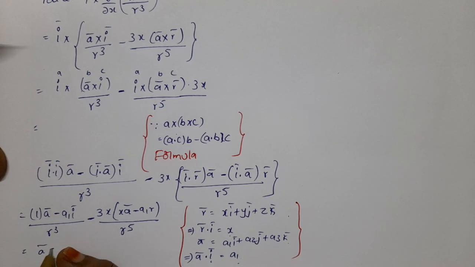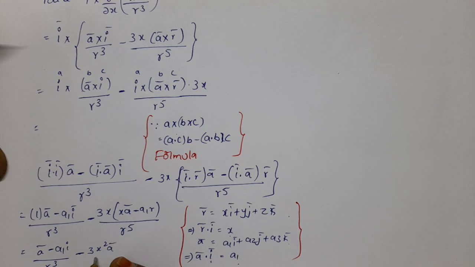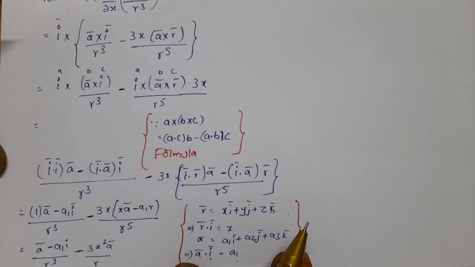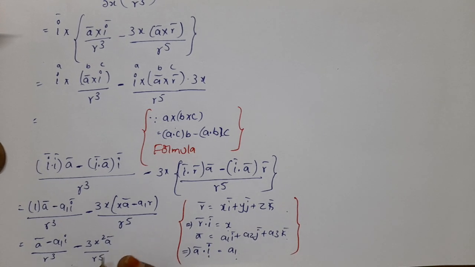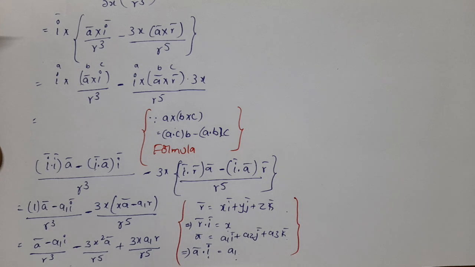So a bar minus a1 i by r cube minus 3x square a bar by r power 5, minus into minus plus 3x a1 r by r power 5.